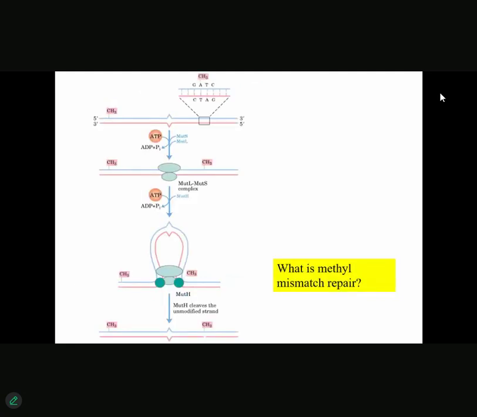So if we have a blip in the DNA, it is not the right distance because we have a mismatch. There are enzymes called methyl mismatch repair enzymes that recognize this and bind to the mismatch, the wrong distance between bases. It then curls up the DNA until it finds one of those methyl adenosines and nicks the new side, puts a break in it.